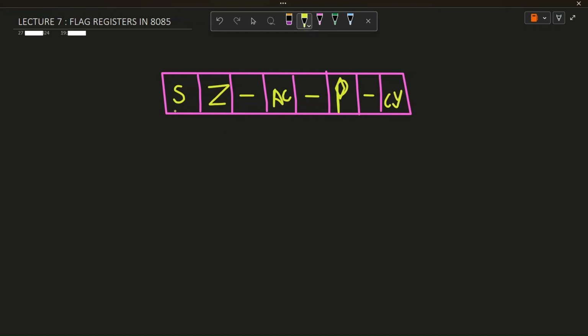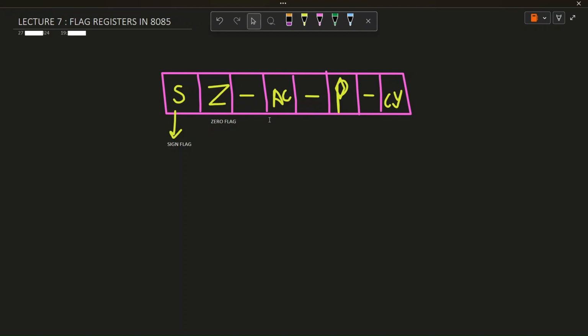Now what is S? S basically tells us about the sign of the result that is stored in the flag register, so it is your sign flag. Then comes your Z. Z is your zero flag. Then we keep this portion empty.